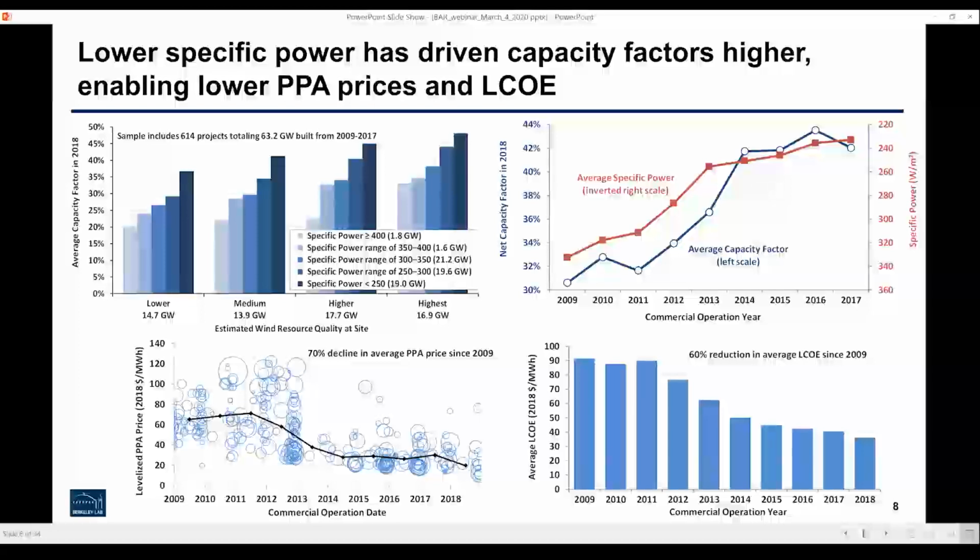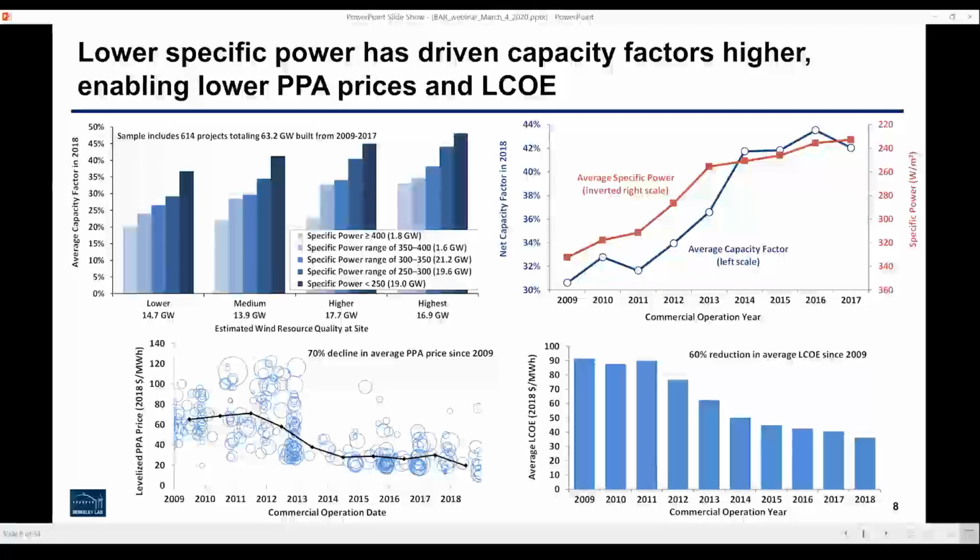And although this reduction in specific power from turbine upscaling does come at a cost, namely the extra cost of the larger rotor, so far the gain in generation has outweighed the incremental upfront cost, enabling both PPA prices and LCOE to decline on the order of 60 to 70% over this same period, as shown in the 2 graphs here on the bottom.